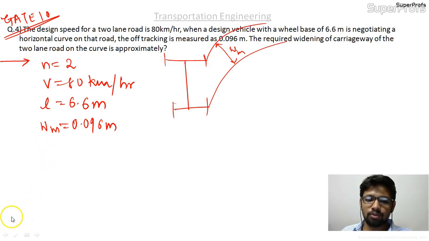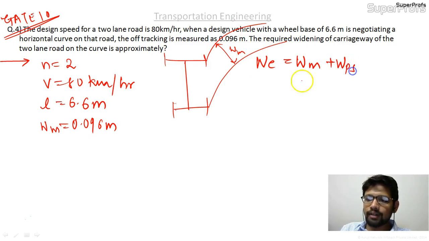Please try out this question on your own. It is a GATE 2010 question, and a GATE question has to be slightly tricky. So let us solve it. The extra widening is mechanical widening plus psychological widening.